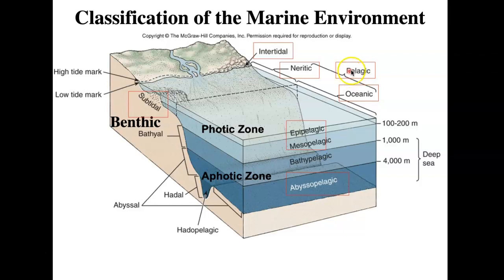And so when we talk about offshore open water areas, we have what are called the neritic areas of the pelagic ocean, and then we have the oceanic. Neritic is typically considered the open water that's closer to the shore, and it lies over the continental shelf, which we'll talk a little bit about coming up here. So this is going to be your neritic zone here.